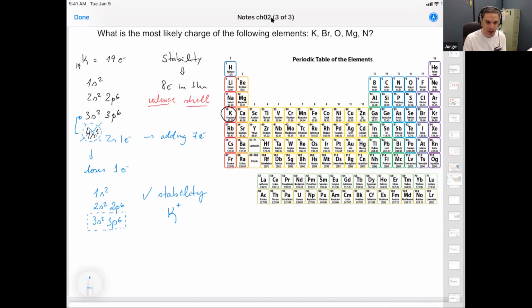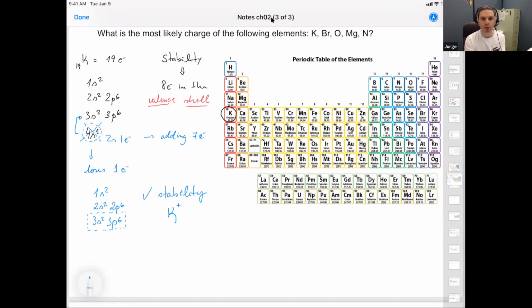Recapping here: potassium now has a charge of 1 plus because it lost one electron to achieve stability, to get the noble gas configuration. You don't need to do the electron configuration all the time. You can look at the number of valence electrons and figure out if it is easier to add electrons to complete the octet or lose electrons in order to complete the octet.